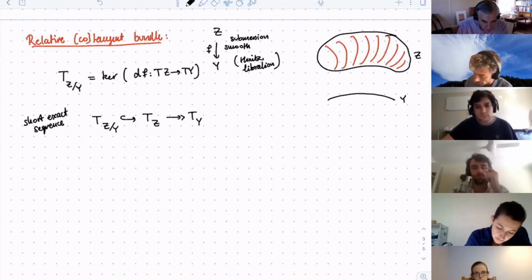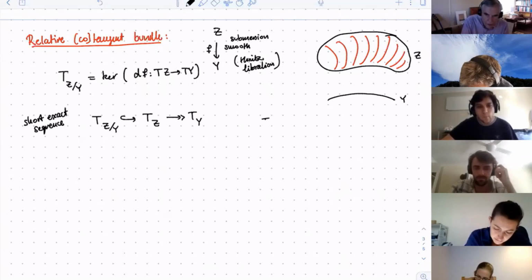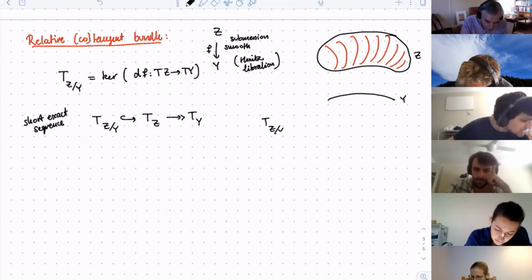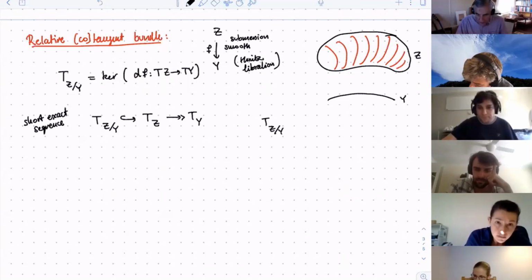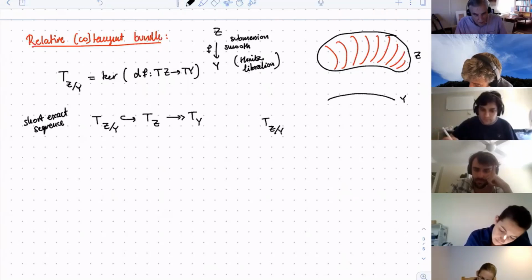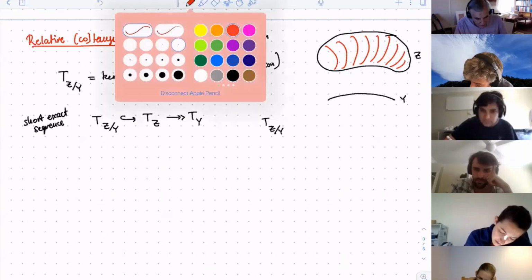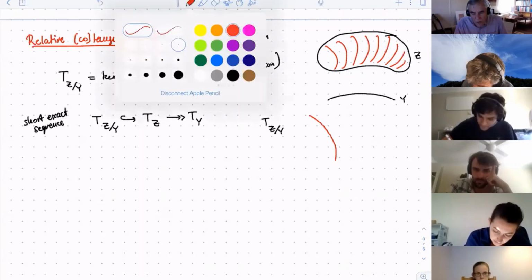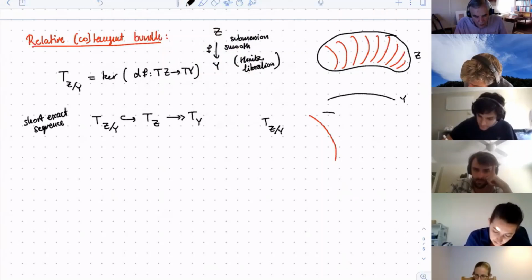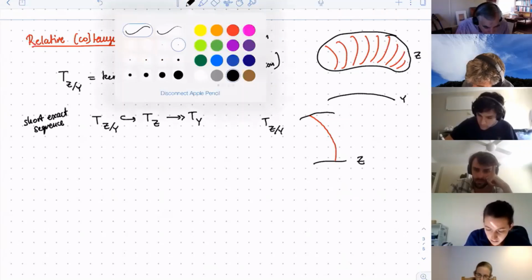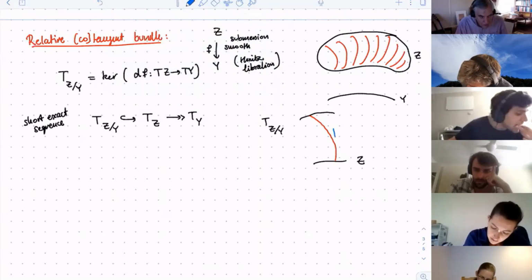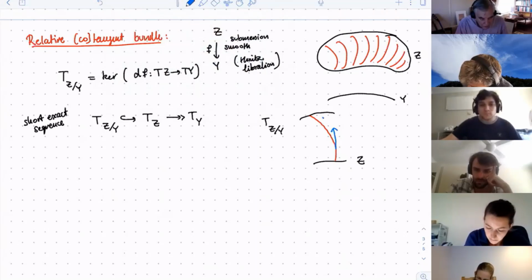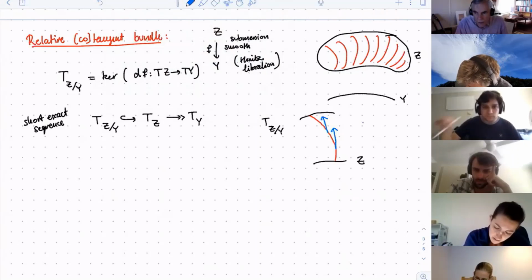And not only roughly speaking, this is literally what's going on: here we have a fiber, and T_{Z/Y} consists of vectors which are tangent to the fibers.